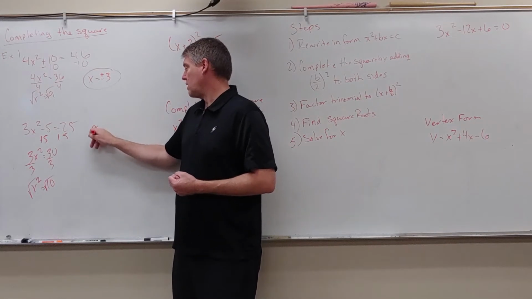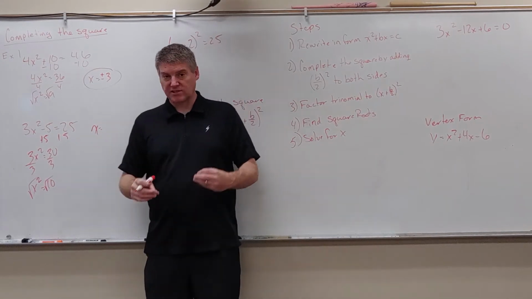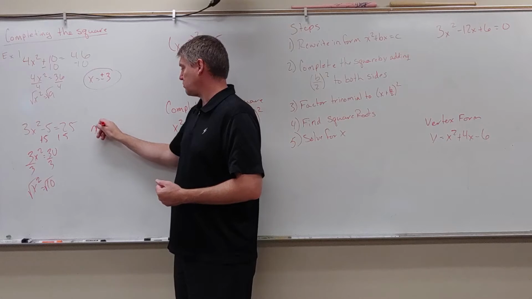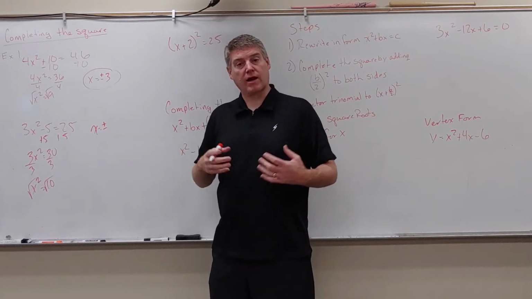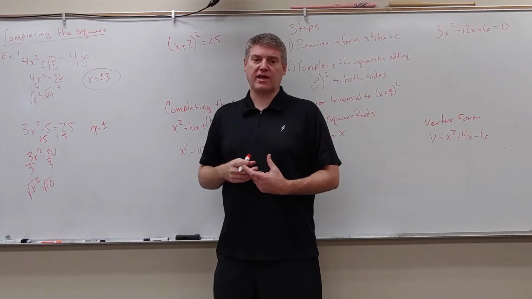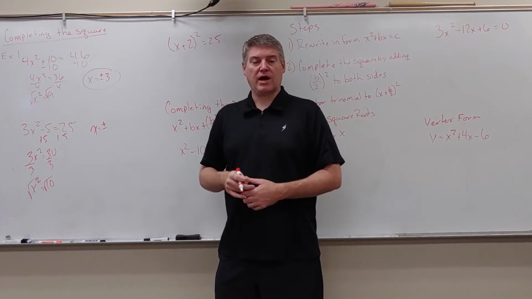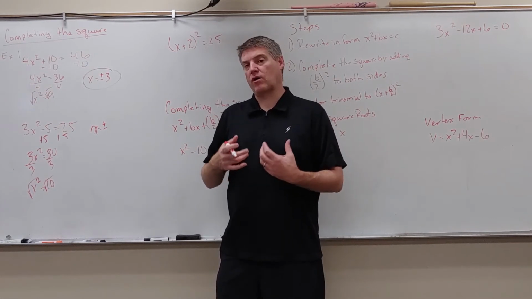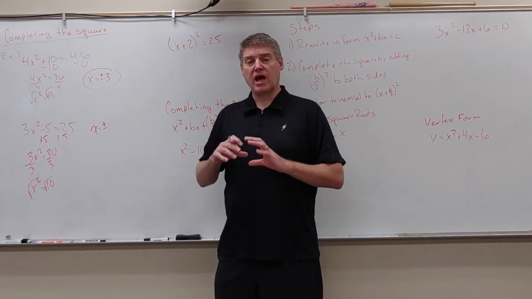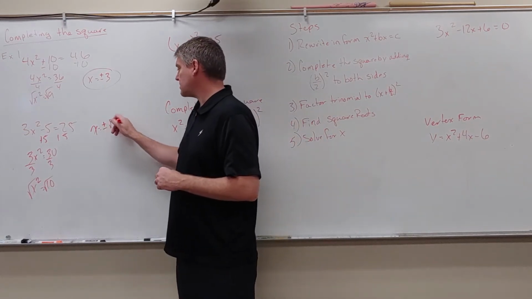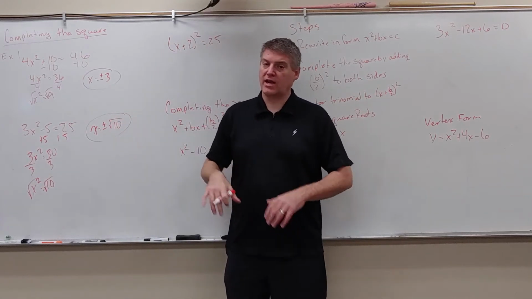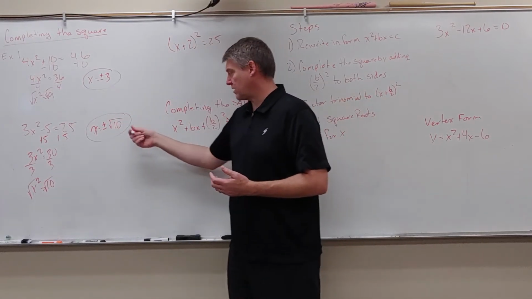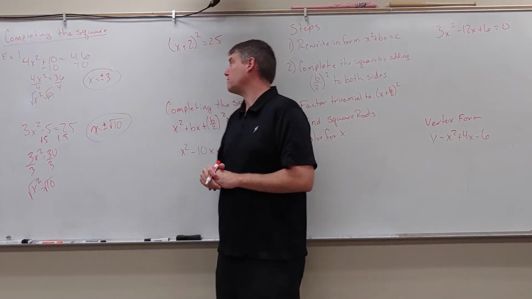Now, x equals, when I take the square root, I want to make this plus or minus. Do you know the square root of 10? I don't want you to put it into your calculator and give me some decimal approximation of the square root of 10. I want you to just leave it as the square root of 10. If you don't know it off the top of your head, don't plug it in a calculator. Leave it as a square root, okay?